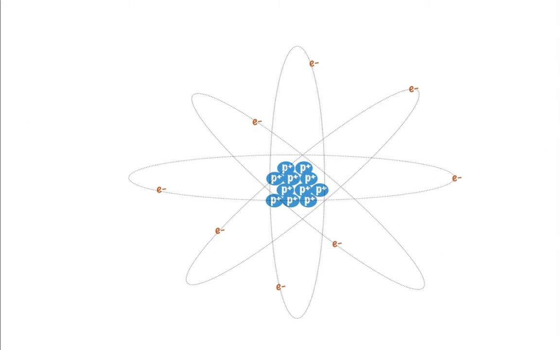These electrons are actually orbiting around the nucleus. That positive nucleus, that positive charge, keeps the negatively charged electrons in a specific orbit. Now, actually, let me go back just a step there. It's actually not a specific orbit per se.